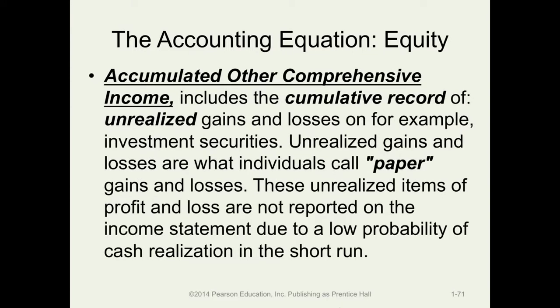When we look at accumulated other comprehensive income, this gets a bit complicated, but the key term here is other comprehensive income. So that's the critical piece of it. It's the other comprehensive income that is important. Other comprehensive income includes gains and losses from investment securities that you're not selling.